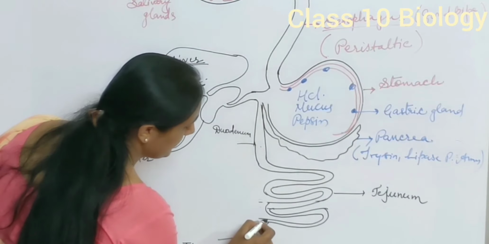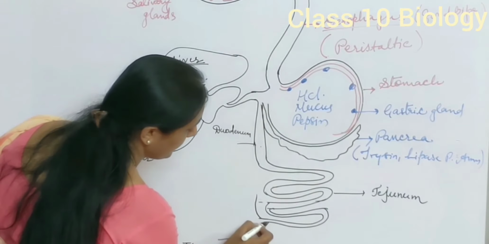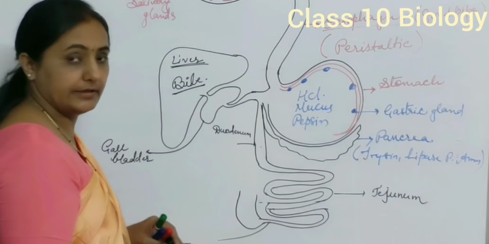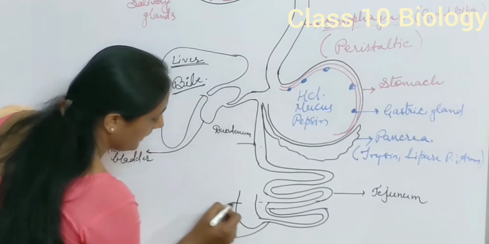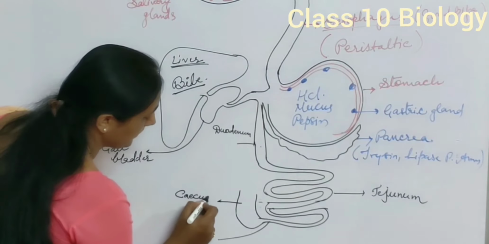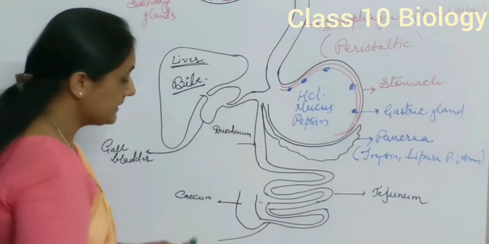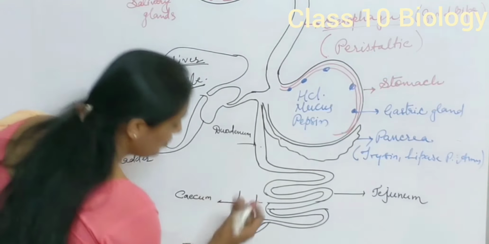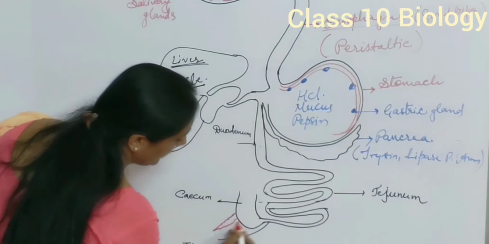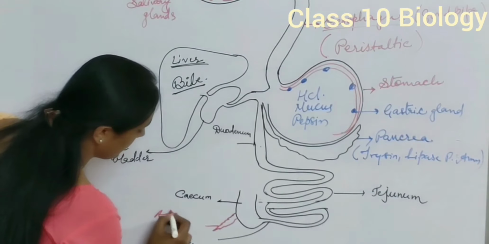It opens in the large intestine, and the large intestine is broader than the small intestine. So this is the beginning part of the large intestine, and it is called the cecum. At the outside of the cecum, we find one external growth which is called the appendix.